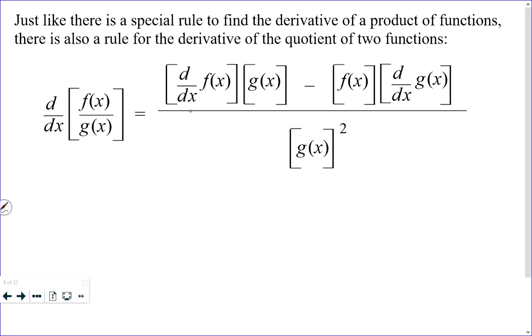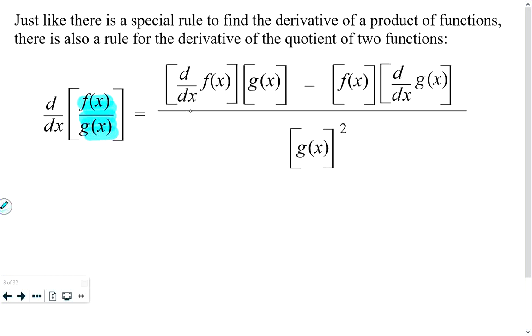This is saying the derivative with respect to x of a quotient of two functions of x is equal to the derivative of the numerator, d dx of f of x, times the denominator, g of x, minus the derivative of the denominator times the numerator, over the denominator squared. But ultimately it becomes that kind of rhythmic thing like with the product rule. Derivative of the top times the bottom minus top times derivative of the bottom over the bottom squared.